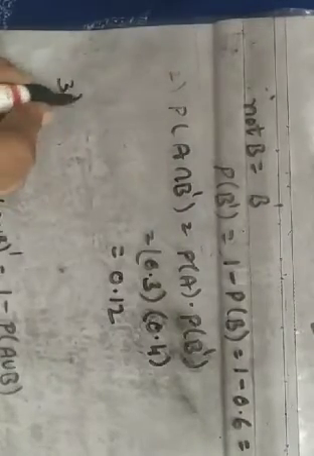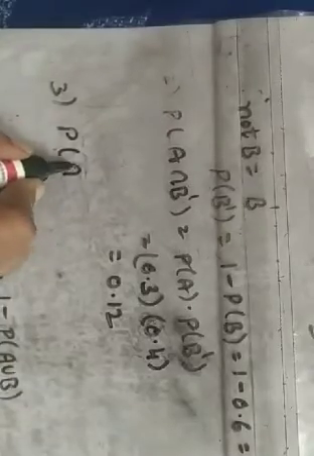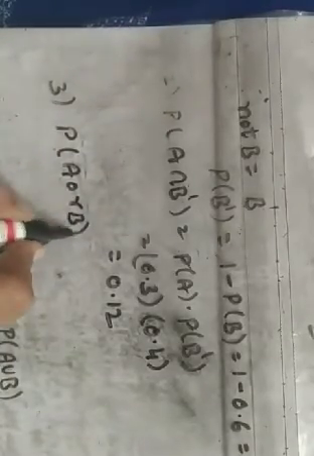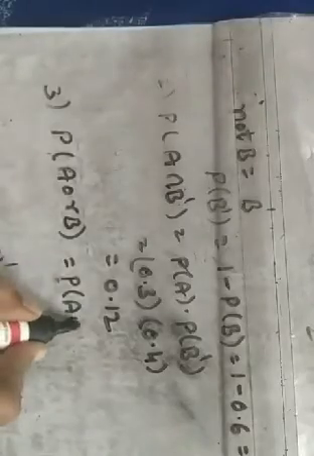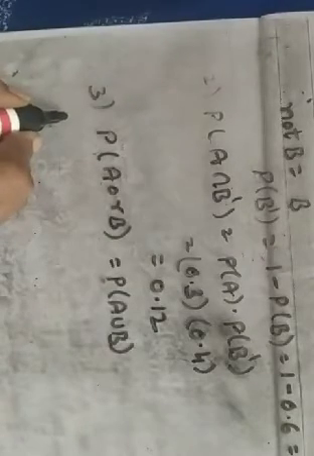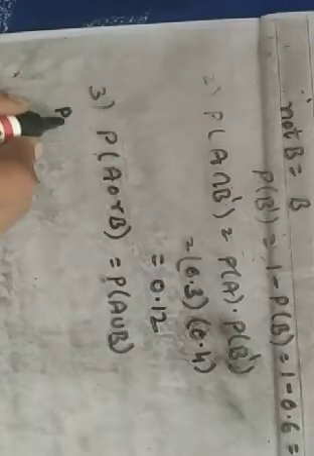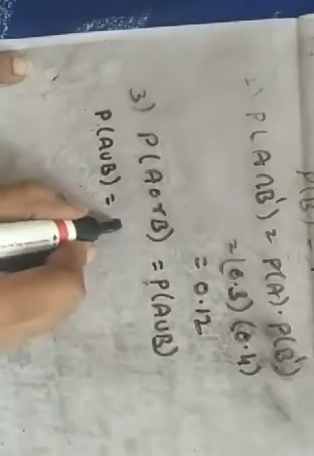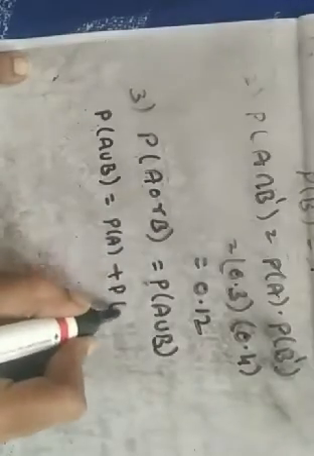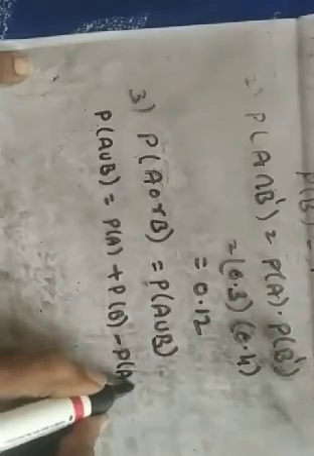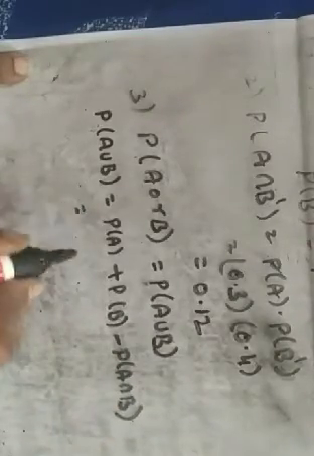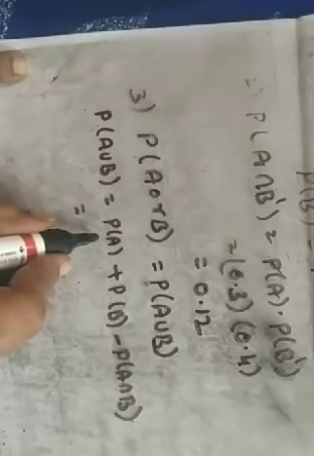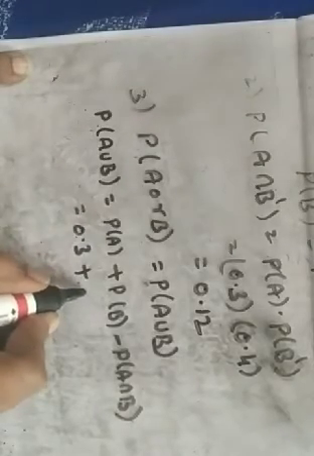Next, third question. P of A or B. What is the symbol? P of A union B. So P of A union B is equal to P of A plus P of B minus P of A intersection B. P of A is 0.3, P of B is 0.6.